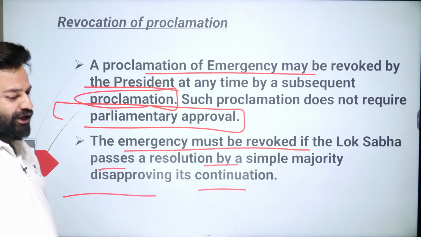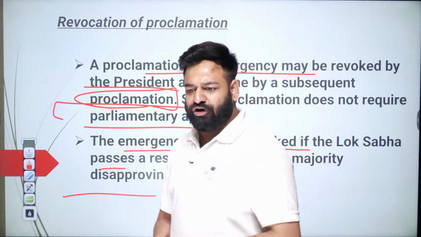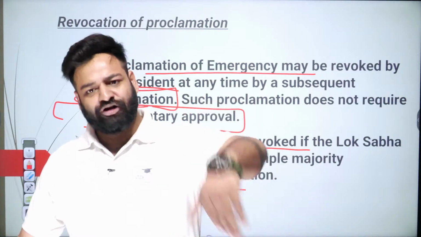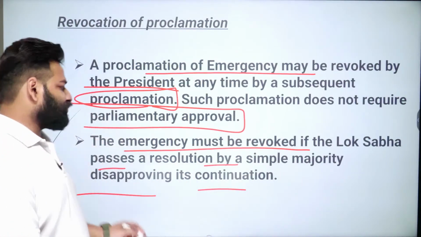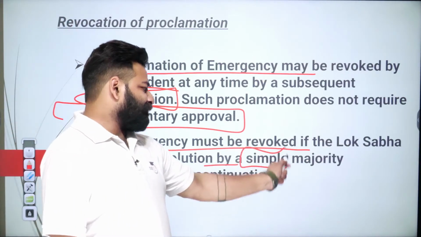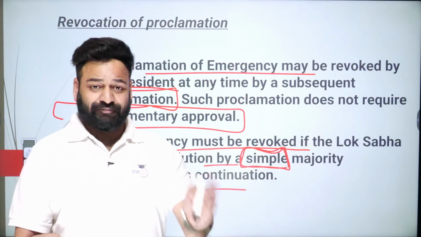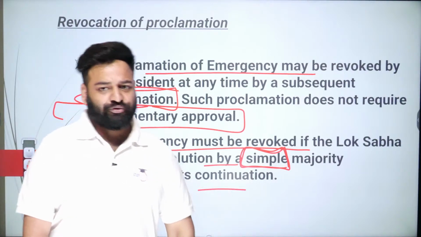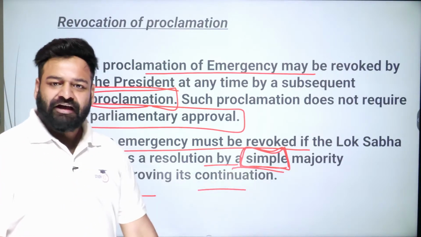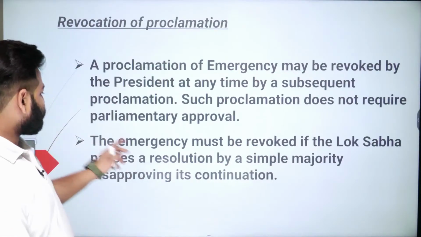So to discontinue the emergency, the President can revoke it at any time, and in that meantime if Lok Sabha wants to discontinue it, it can do so by passing a resolution with simple majority. To implement emergency, Lok Sabha and Rajya Sabha both are needed with special majority. But to revoke emergency, only Lok Sabha is needed with simple majority. And even the President can do it without any parliamentary approval.